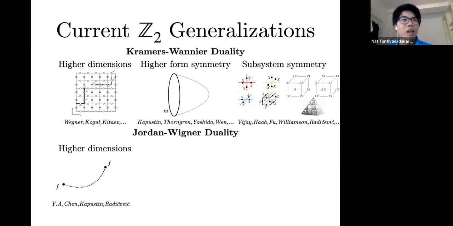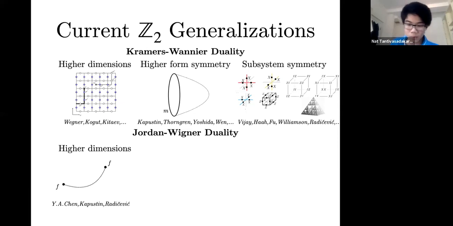That gauge theory has an anomalous symmetry, and that anomalous symmetry allows excitations to be fermionic. For example, in 3+1D, you can have a twisted version of the toric code where the point excitations have fermionic statistics.